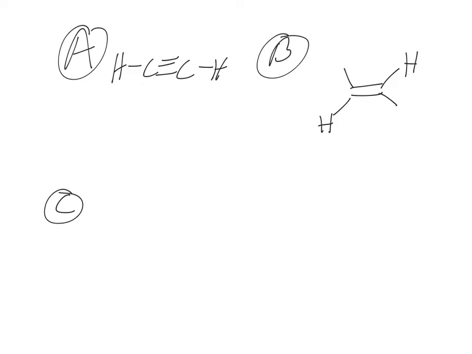C is an alkene as well. And then D is just an alkane, like this. So now they want to say identify the longest, shortest, strongest, and weakest bonds from those highlighted below.